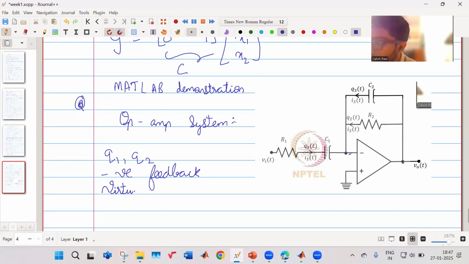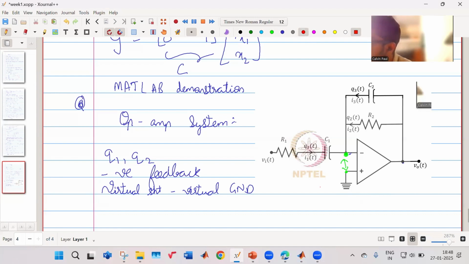In this concept, it is assumed that the voltage over here and the voltage over here are equal. That is, there's a virtual short between these two points.